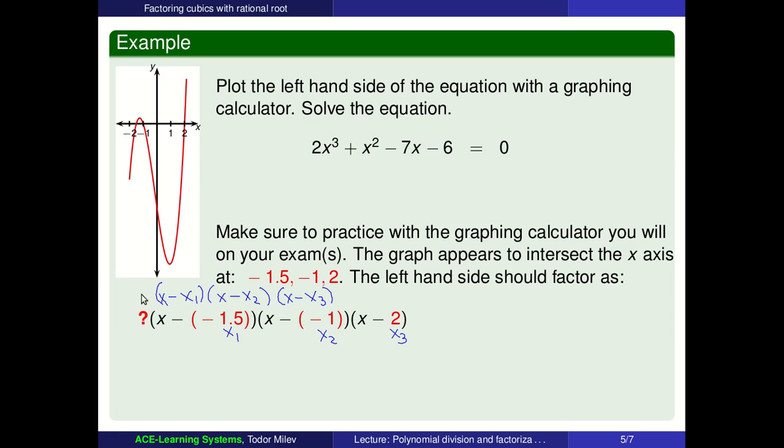Actually, the left hand side should factor as the leading coefficient a0 times x minus x1 times x minus x2 times x minus x3. So the left hand side should factor as 2 times x minus x1 times x minus x2 times x minus x3.